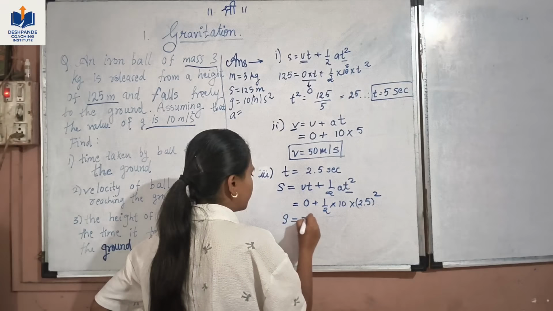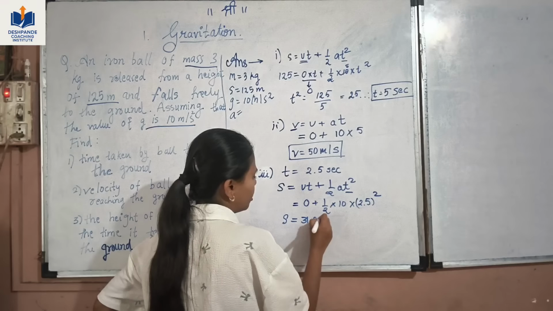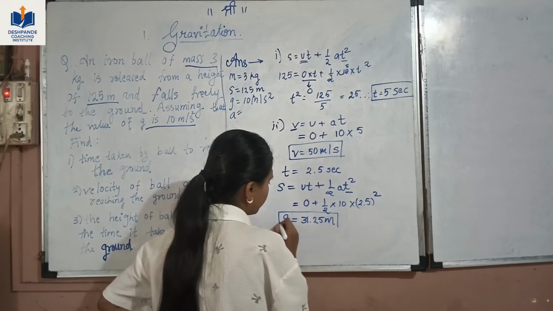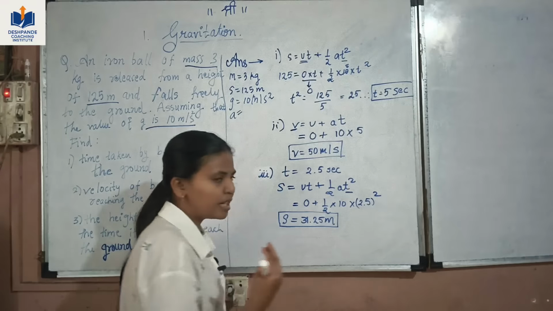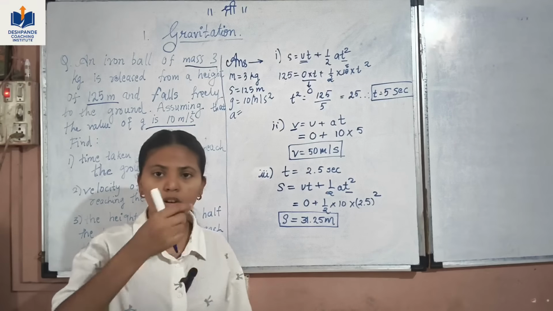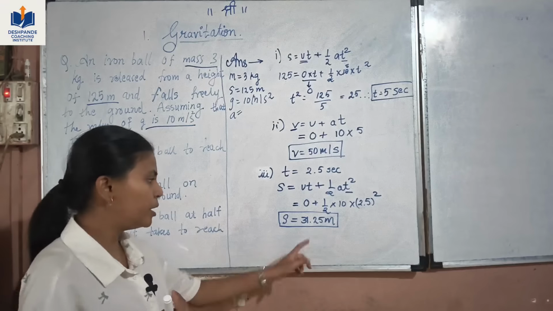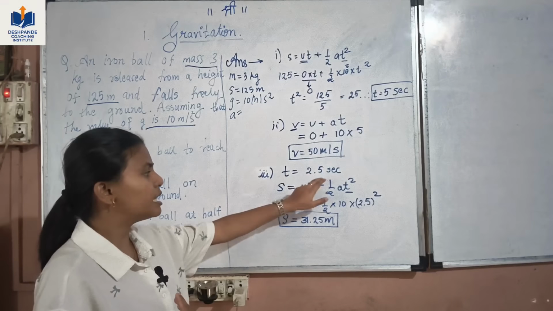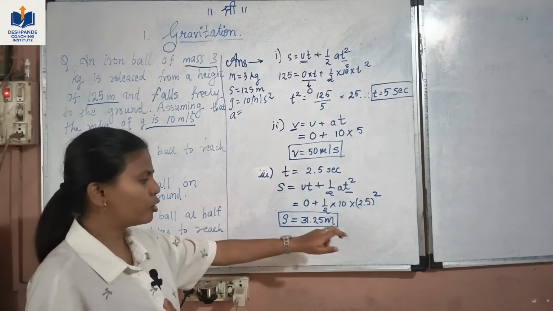So, we get s is equal to 31.25 meters. The unit of displacement is meter because displacement is nothing but the height from which the ball is dropped. So, the distance for this time is 31.25.